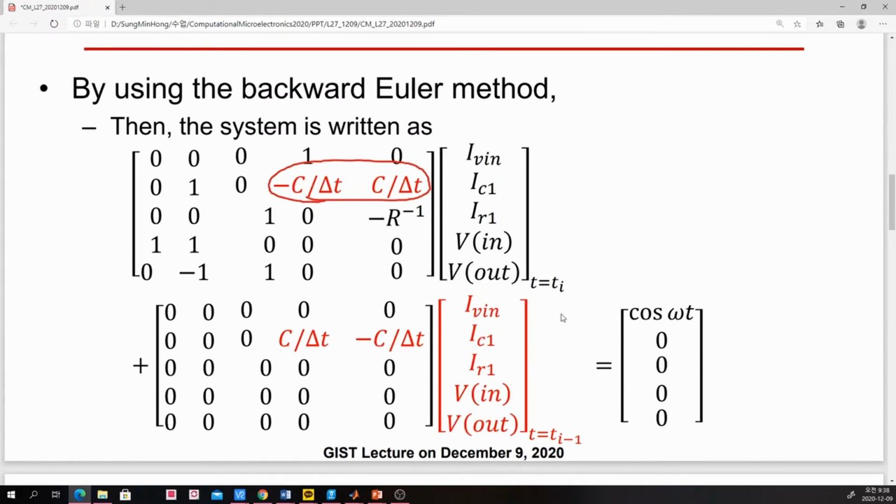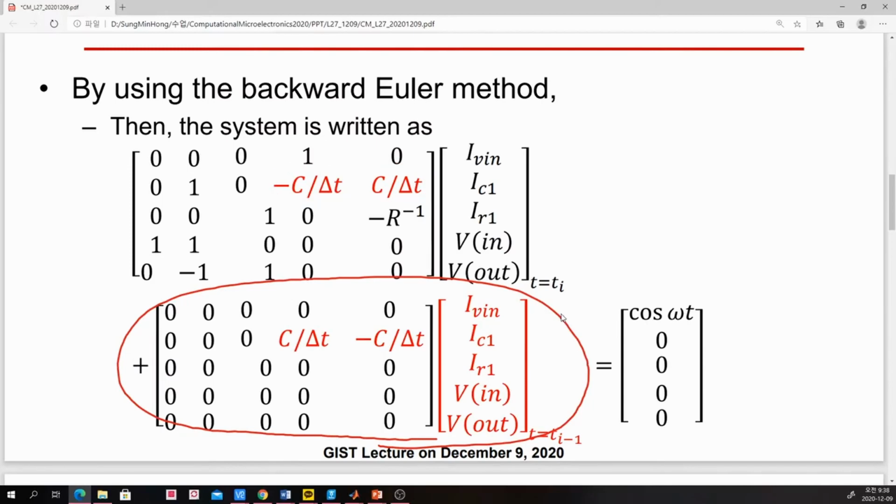That is one thing. Also, the residue vector is modified. That is also one thing. These two make the difference in your result when you perform the transient simulation within a short time period with a large bias damping ratio.